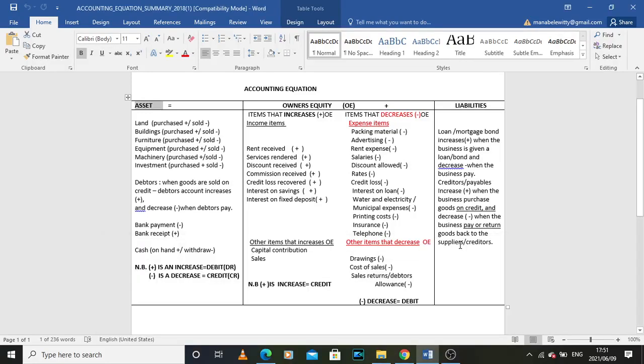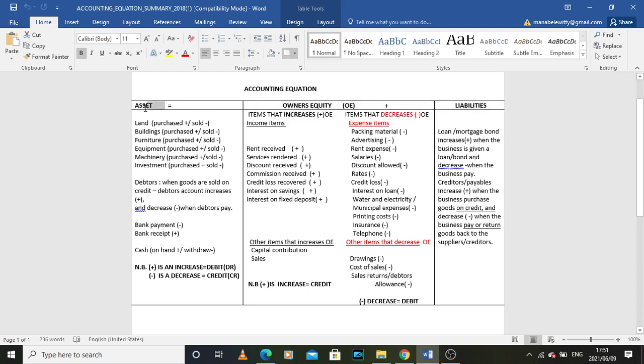Okay, student, today I want to give you an introduction on the effect on the accounting equation, or the accounting equation as a whole. You must know the equation that says your asset is equal to owner's equity plus your liabilities.